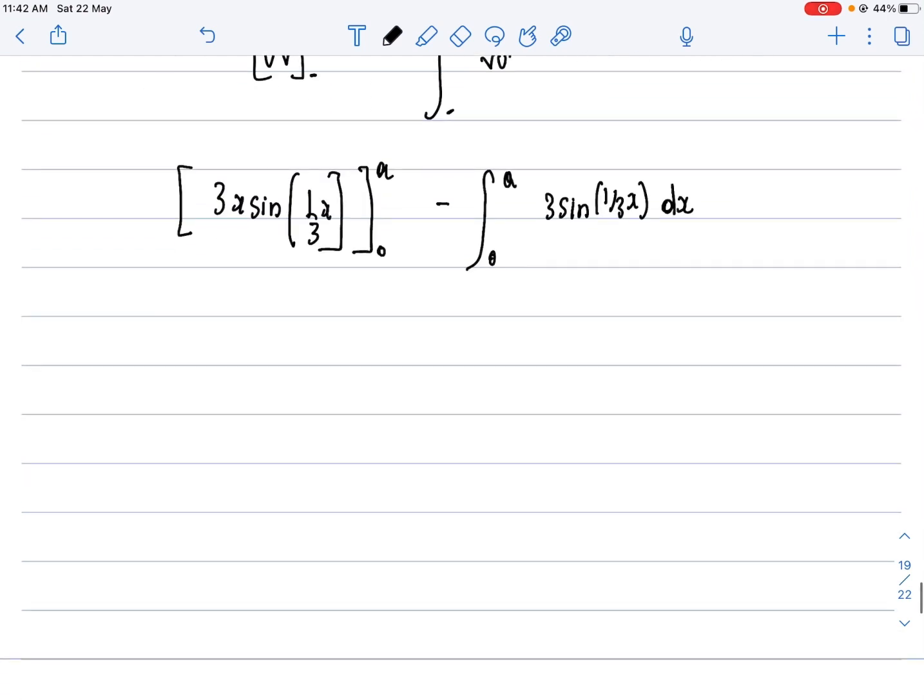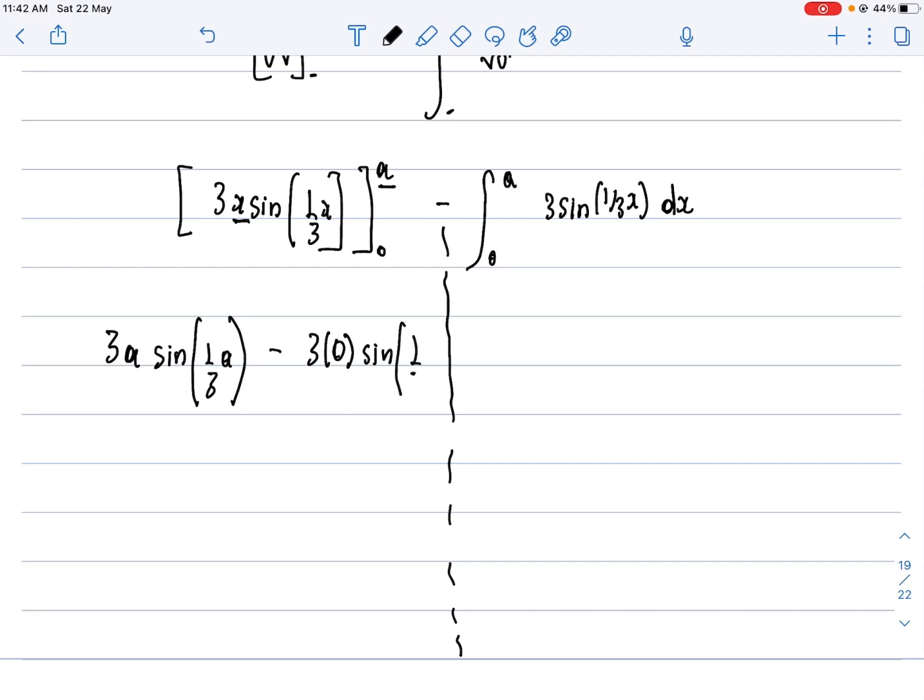Now I can split this. First I put a in the equation, so I get 3a sine 1 over 3a minus 3 into 0 and sine 1 into 3 into 0. So I'll basically just get 3a sine 1 over 3a.